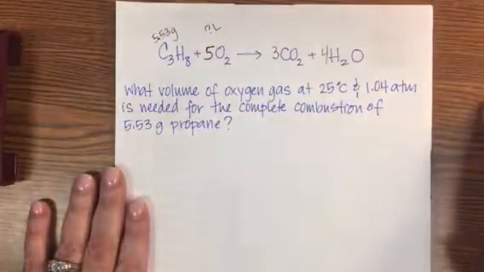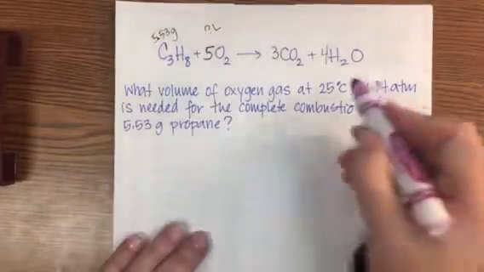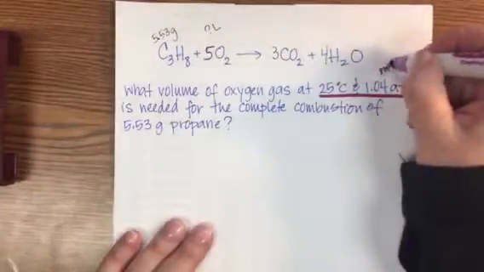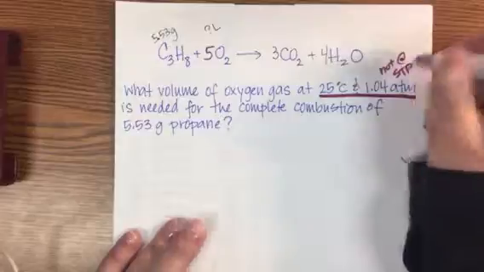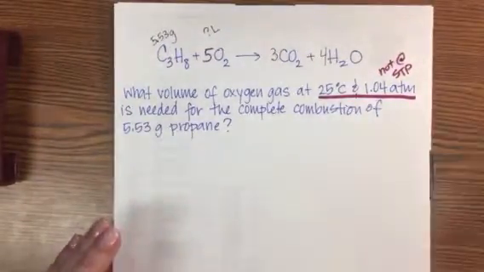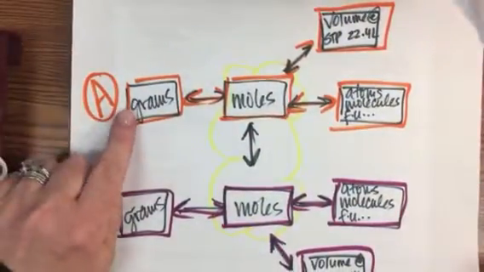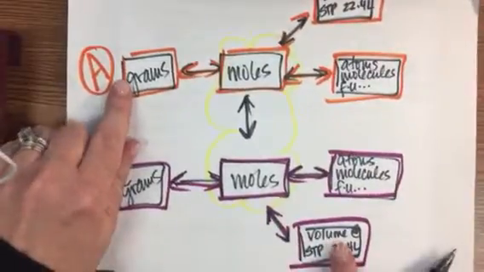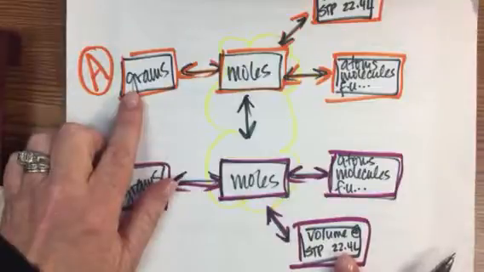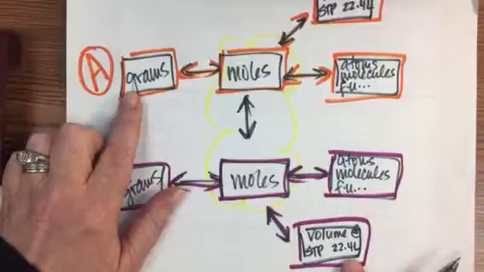Well, the big thing here that I want you to see is that this is not at STP. Definitely not at STP. So we can't just use our molar roadmap and go from grams of propane to volume of oxygen at STP, knowing that the volume of any mole of gas at STP is 22.4 liters.